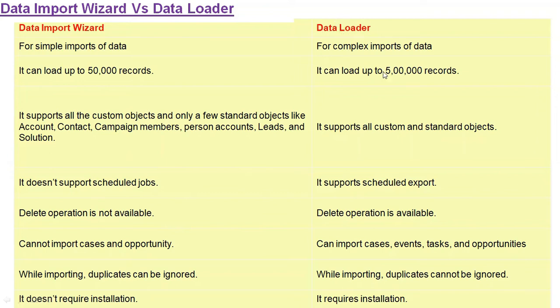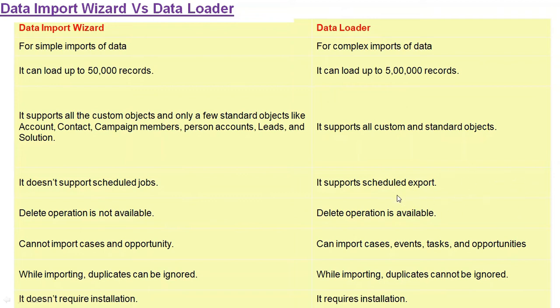And one more thing: in Data Loader we can also control things through the CLI, the command line interface. If you have time, you can have a look at how it works. It is the same as what we have done: we selected an object, created a CSV file for the data, and mapped the data column to column.